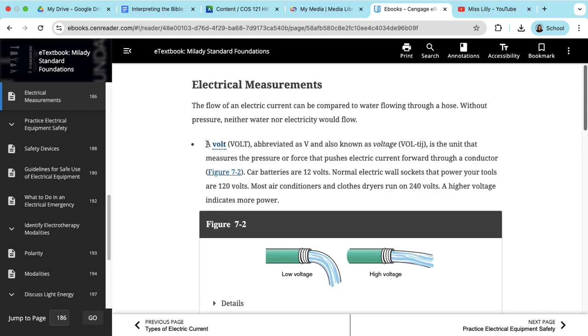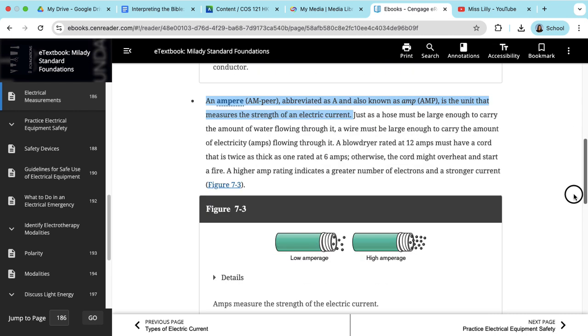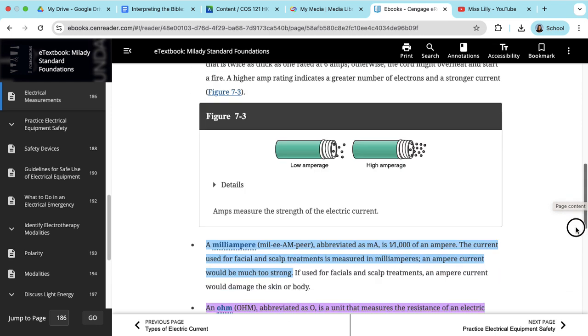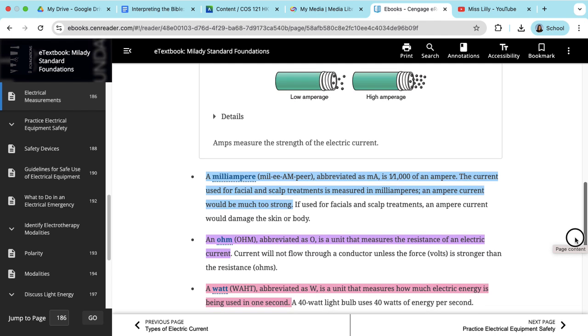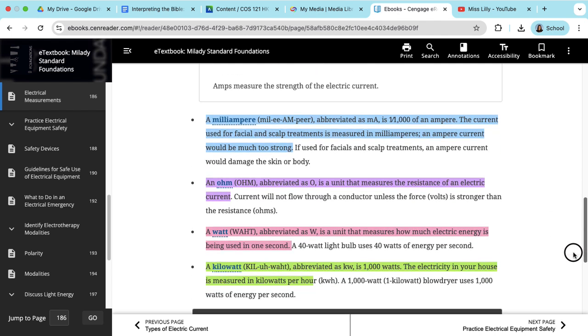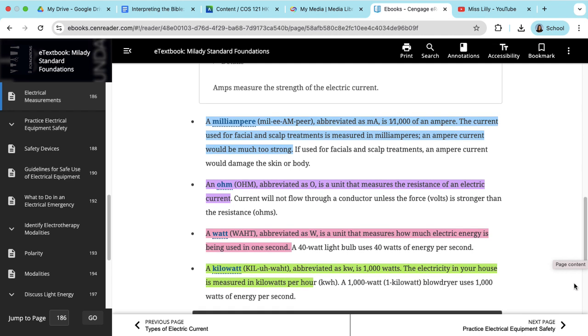A volt, also known as voltage, is the unit that measures pressure. So, volt measures pressure. Ampere measures strength. Ohm measures resistance. Watts measures how much electricity is being used per second.